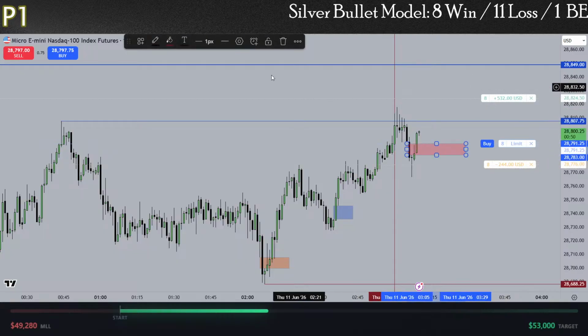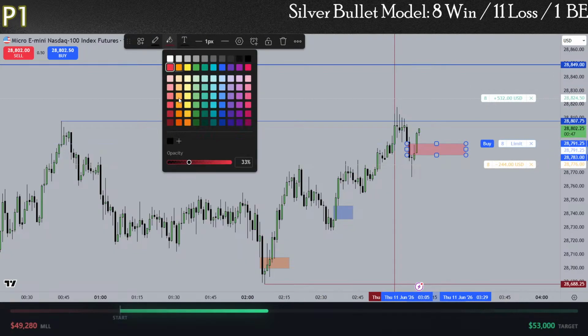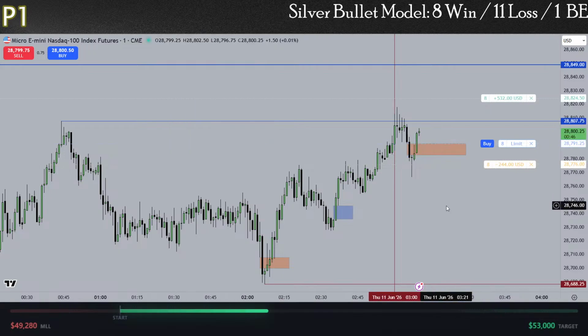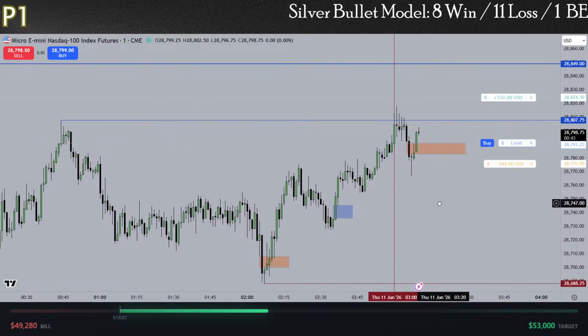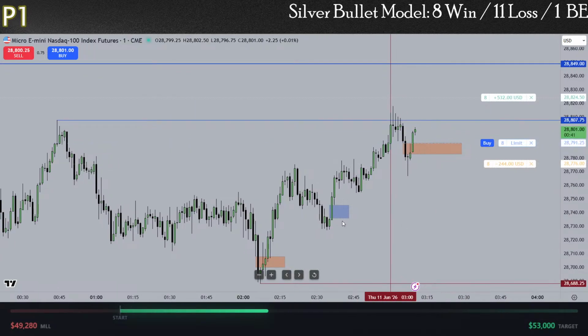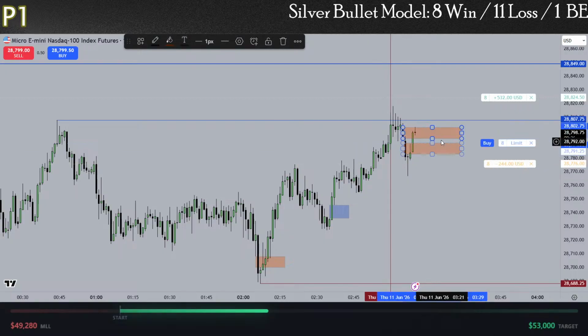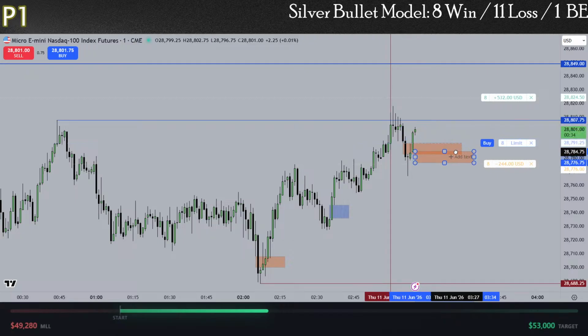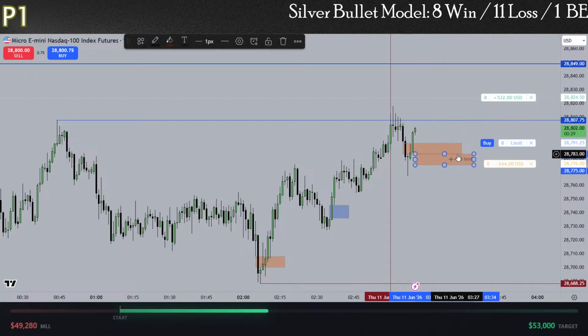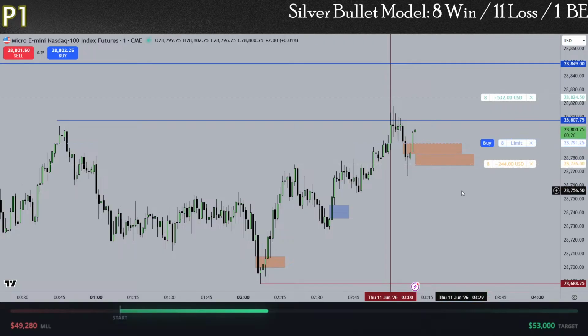All right, so we closed above it very nicely here. I like to see that right away. It seems potentially strong because of that. Let me clone this inversion fair value gap quickly, and let me add one standard deviation to the downside. It's roughly here.